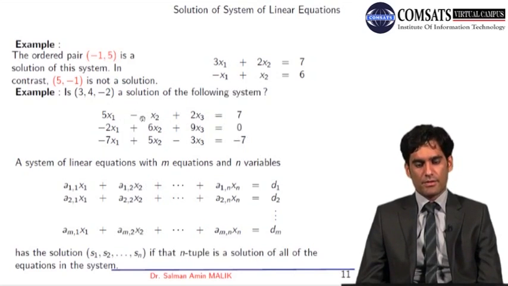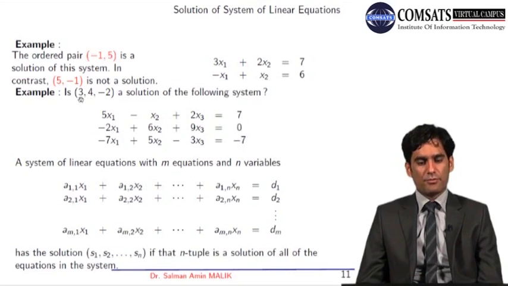So the first equation is satisfied. Then 3 times 2 is 6, we put x2 equals 4 here, 6 times 4 is 24, and we have -18. We have 24 minus 18 and 6. So LHS equals 0, RHS equals 0.